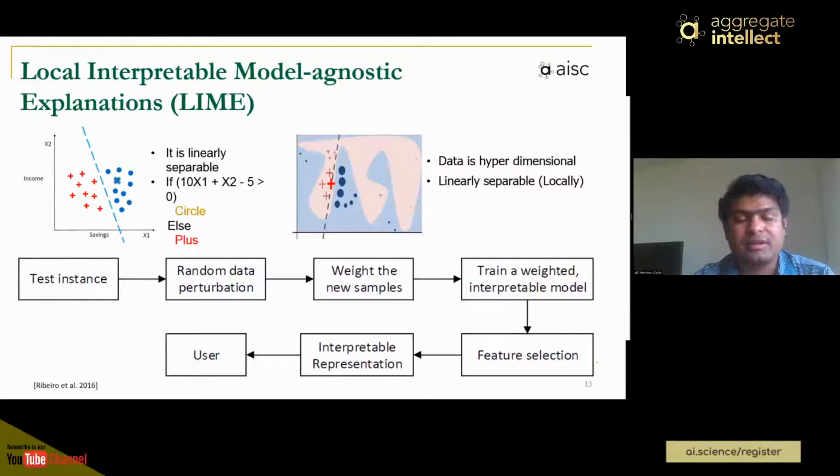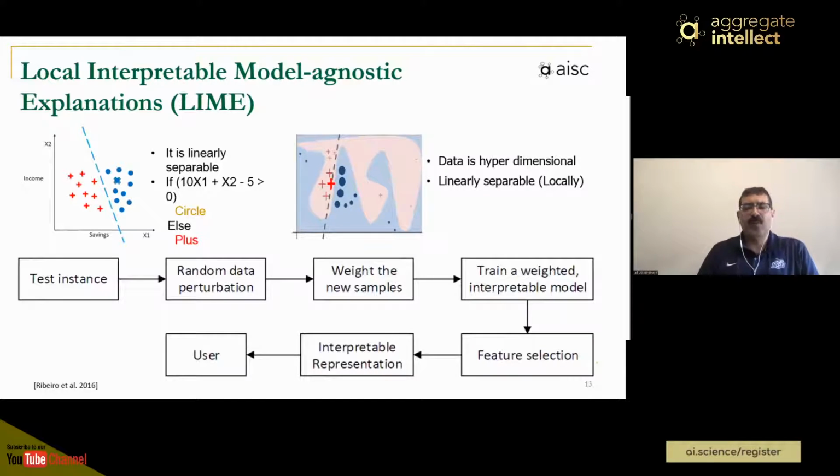If the data is not linearly separable, you have to divide it into subspaces, and if those are separable, you can use a linear or simple model to generate explanations. So in your example, if that dot was placed somewhere else in the space, we would come up with a different explanation and a different reason why that prediction took place. Yes.